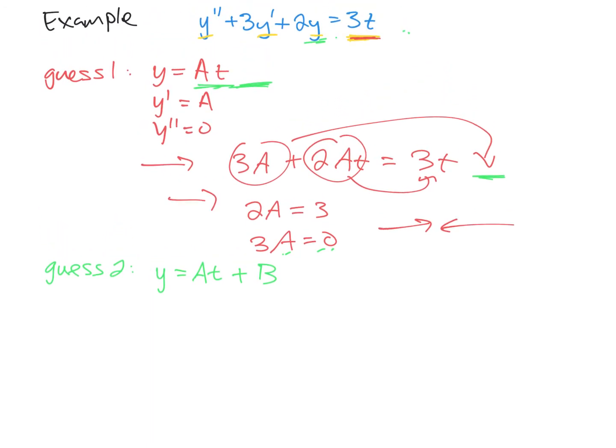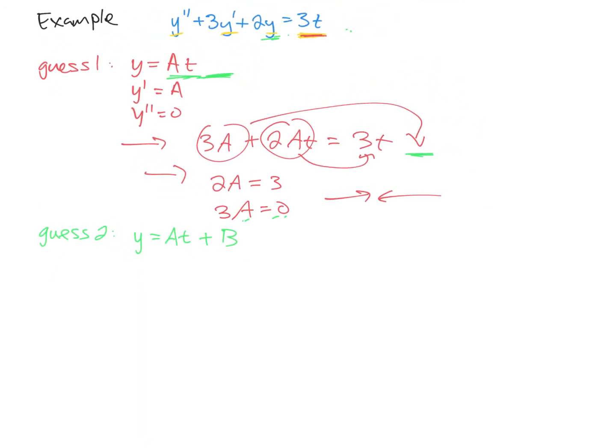Then we have y prime equals a and y double prime equals 0, same thing. And then we end up with 3a plus 2(at plus b) equals 3t.